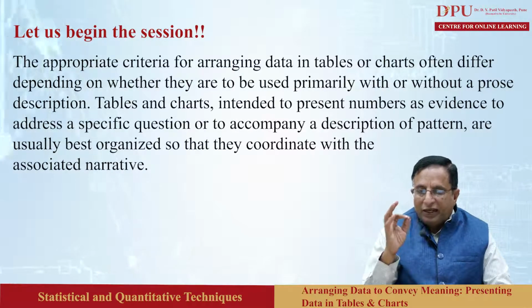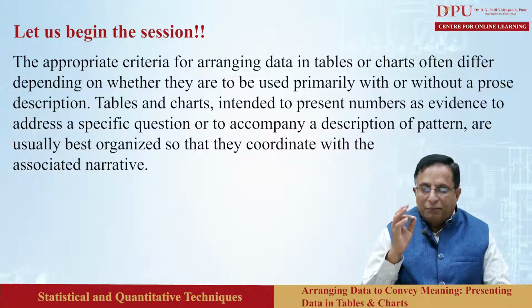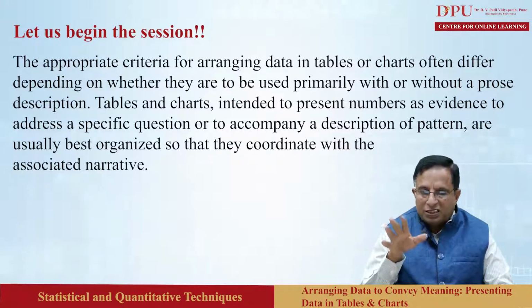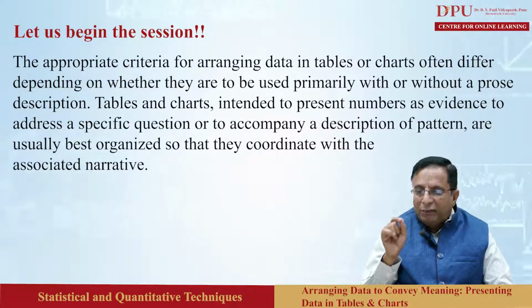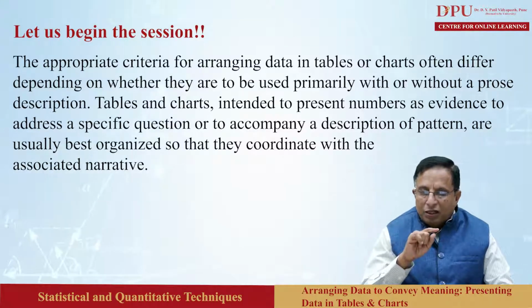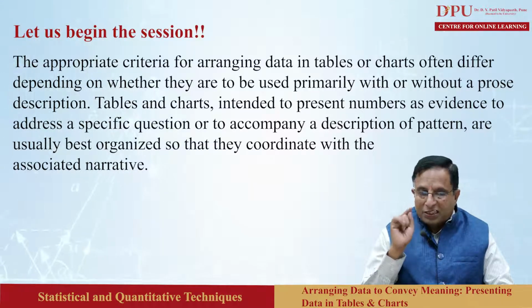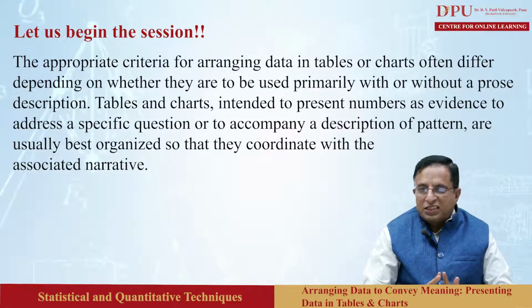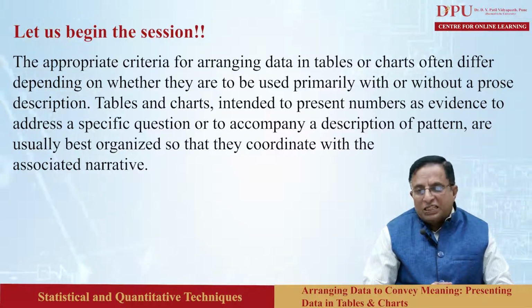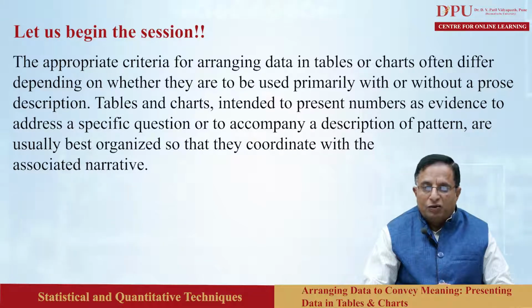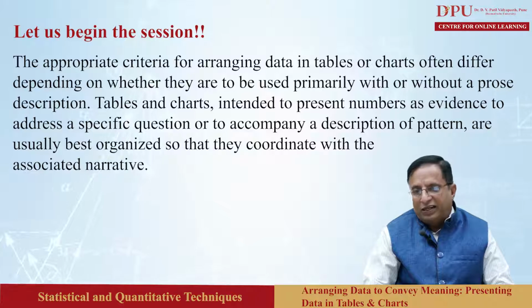The appropriate criteria for arranging the data in tables and charts often differ depending upon whether they are to be used primarily with or without a proposed description. Tables or charts intended to present numbers as evidence to address a specific question, or to accompany a description of a pattern, are usually best organized so that they coordinate with that associated narrative.